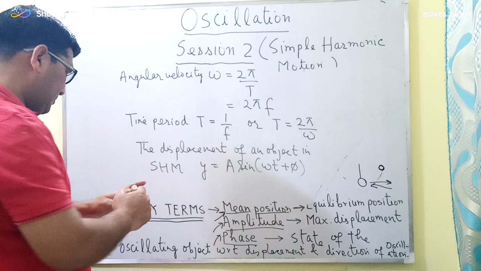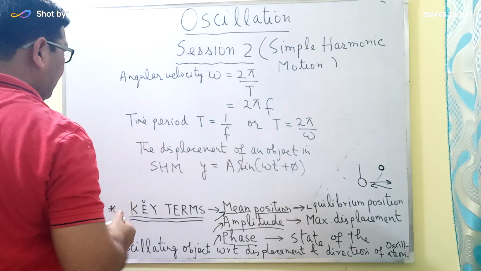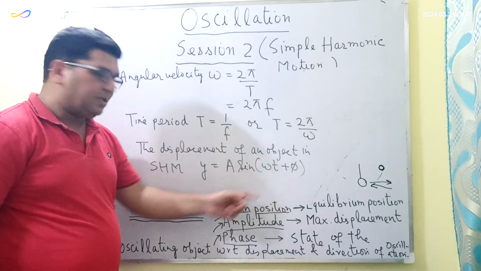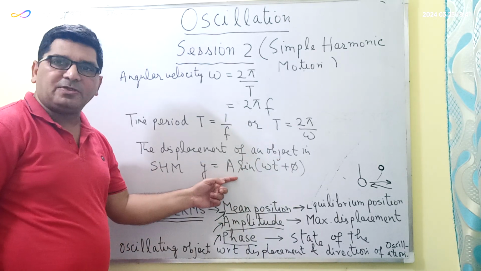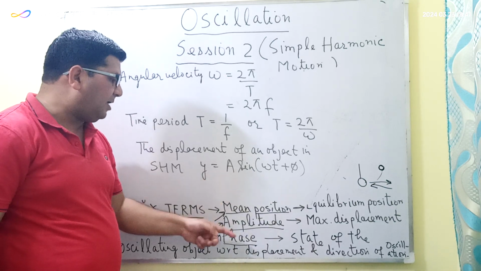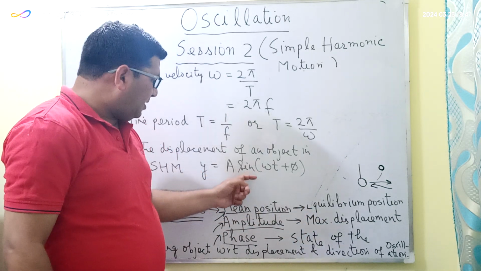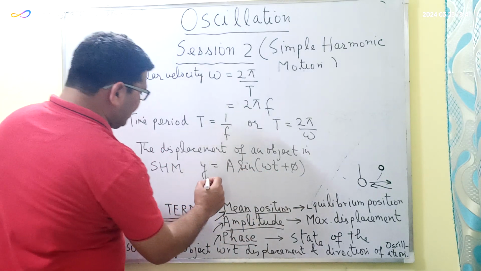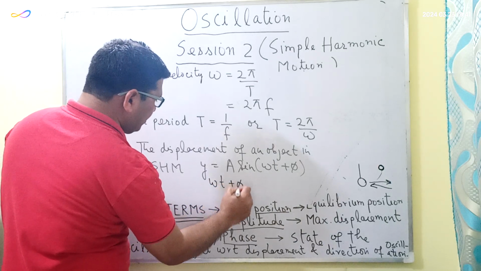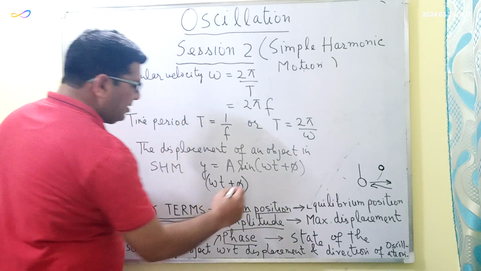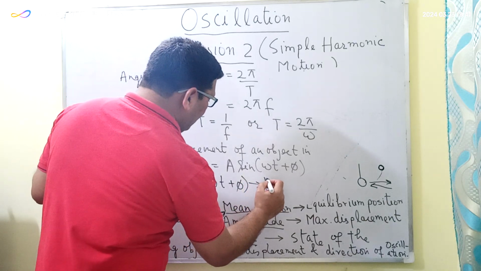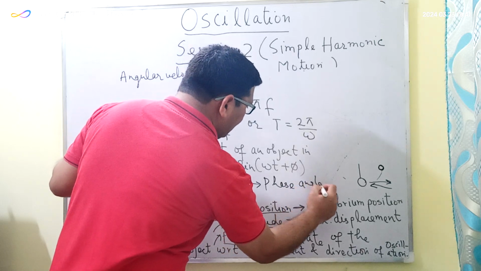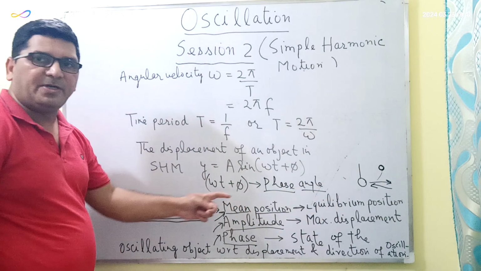This is a general equation which gives you the displacement of an object at any moment of time. So y is the displacement, a is the amplitude of the oscillation, which means the maximum displacement, into sine of omega t plus phi, where phi is the phase constant, and this omega t plus phi is the phase angle at any moment of time.